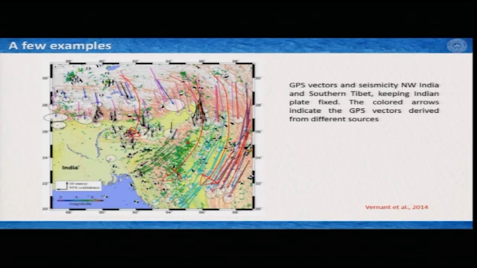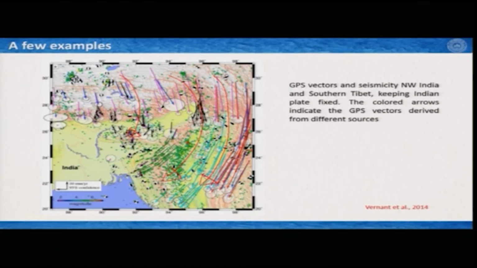So, these GPS vectors and seismicity of northwestern India and southern Tibet, where you keep the Indian plate fixed, give different vectors from the GPS data, which are nothing but what we have learned as rigid body translation or rigid body rotation or a combination of these two.